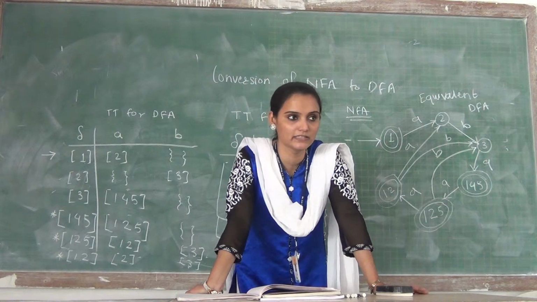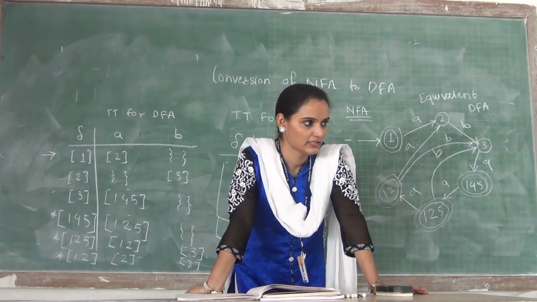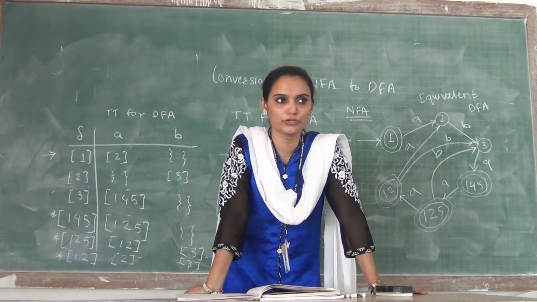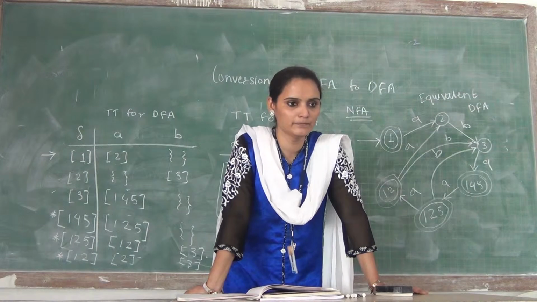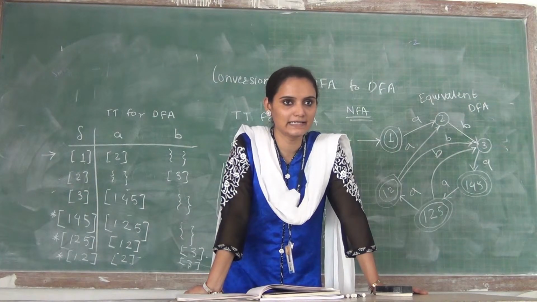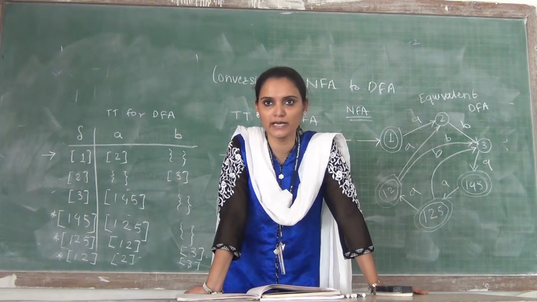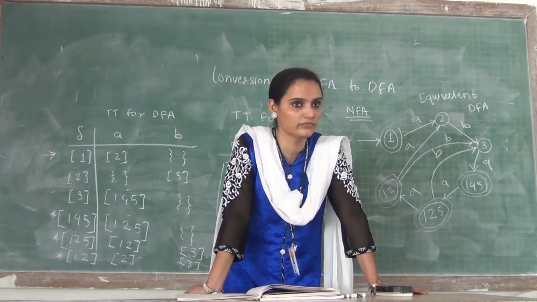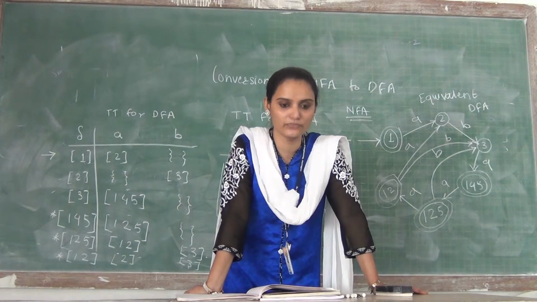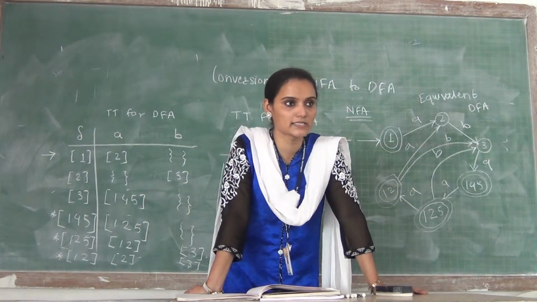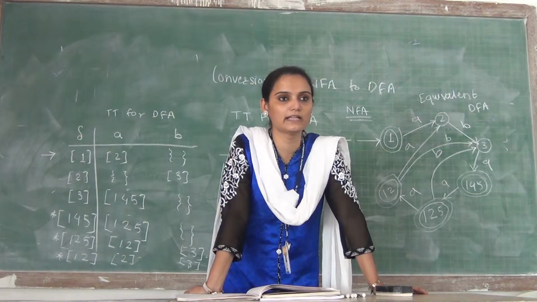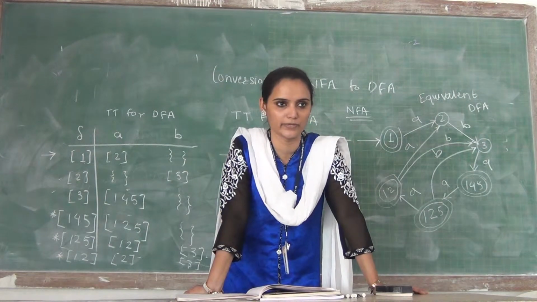M is nothing but the 5 tuples. Okay. So which are the tuples for the finite automata? Q, sigma, delta, Q0 and F. So here the 5 tuples for the NFA are given, and from those 5 tuples you first construct the NFA and then convert that NFA into its equivalent DFA.